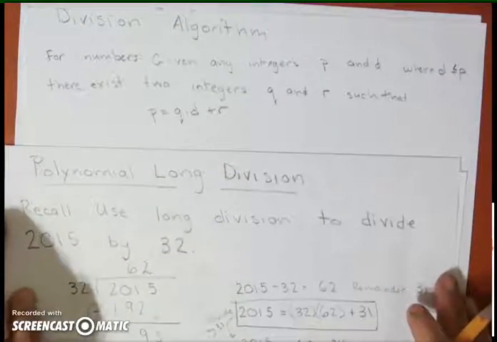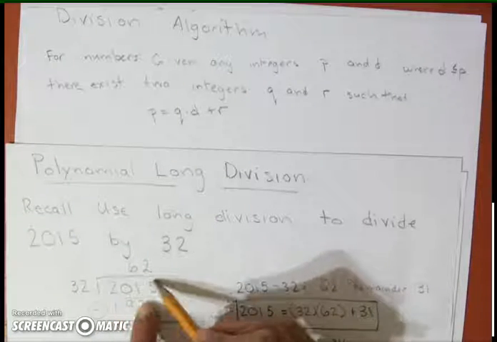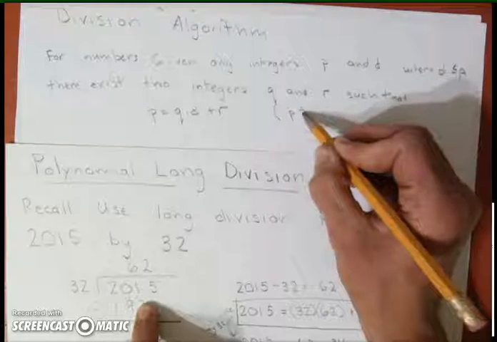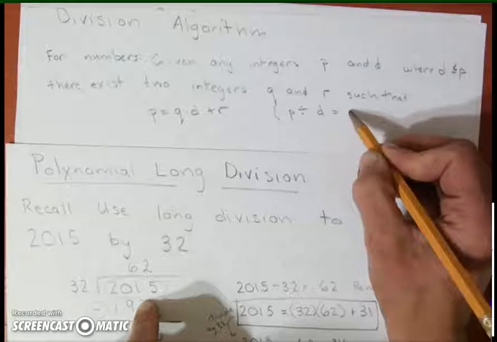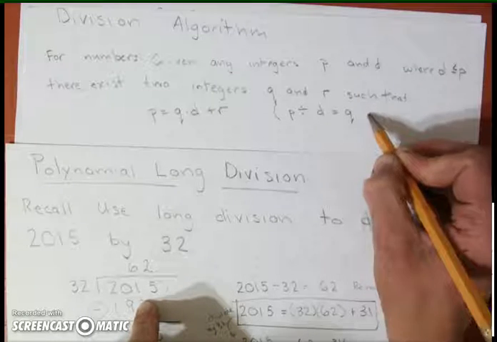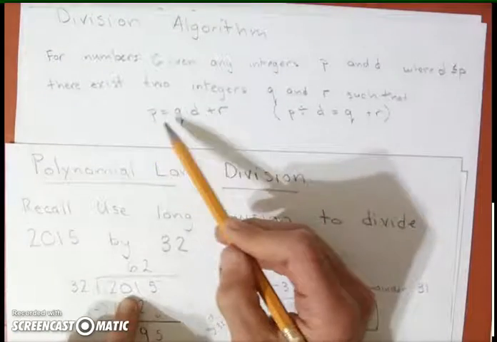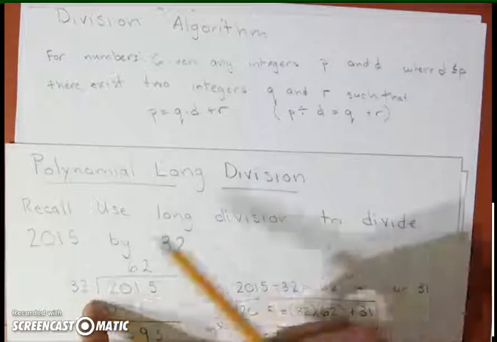So this looks complicated, but it's exactly what we said here. So this is the p. So another way to write this is if you do p divided by d, it's going to equal q plus r, essentially. So this is our p. This is what we're dividing by, the 32.